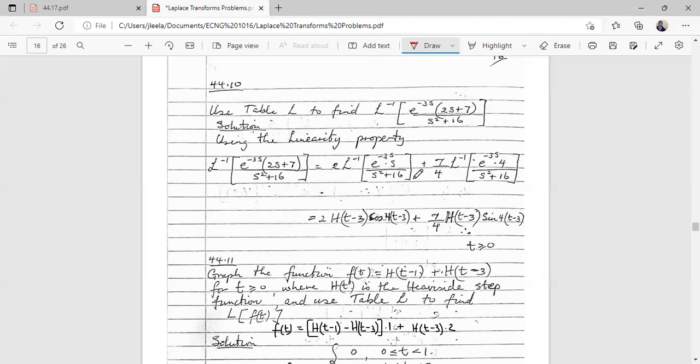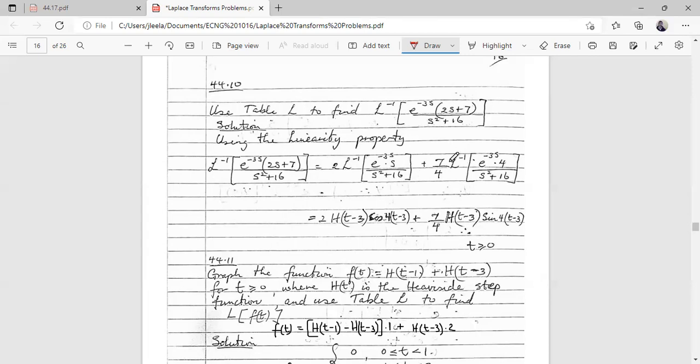Pull the 2 on the outside: take the Laplace inverse of e to the minus 3s times s over s squared plus 16. And then the other one, you could break up as 7 times e to the minus 3s over s squared plus 16.